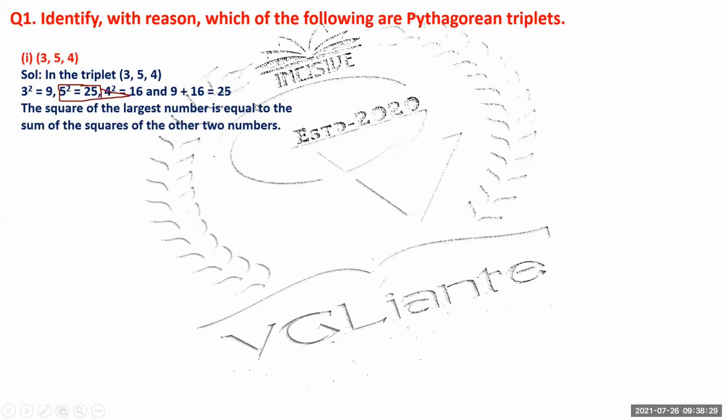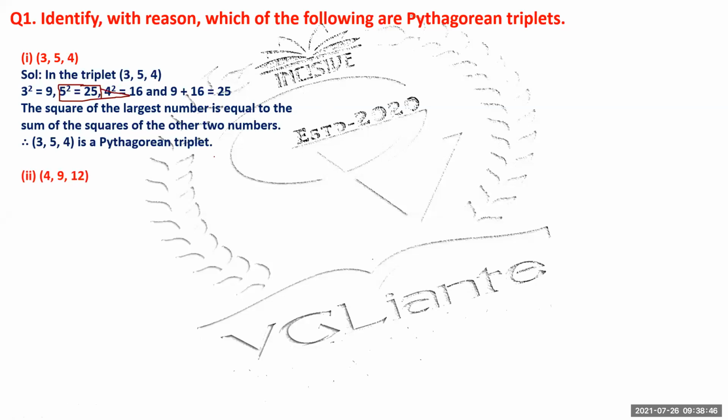The square of the largest number is equal to the sum of the squares of the other two numbers. Therefore 3, 5, 4 is a Pythagorean triplet.